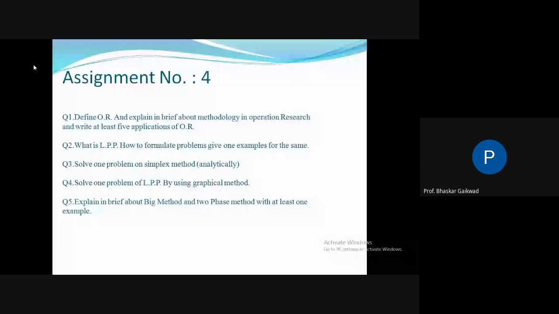Once our syllabus starts, we'll solve one problem based upon the simplex method, graphically and analytically. After that, the Big M method, then the two phase method.